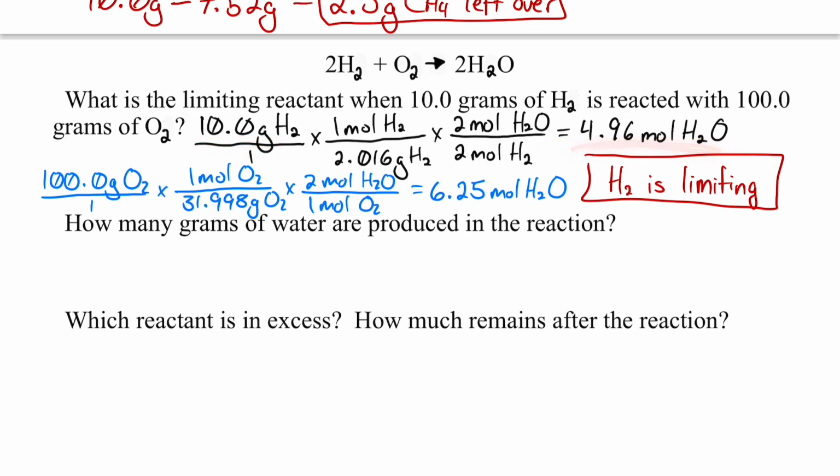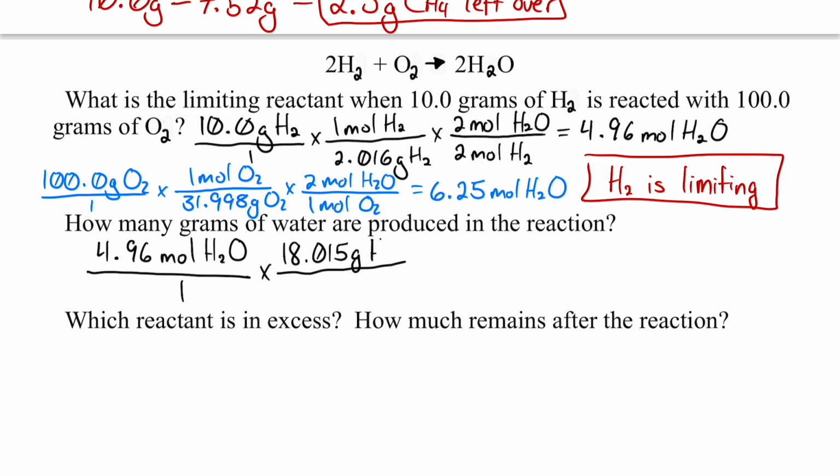So we can just take this moles of water from the first part and bring it down here and convert it to grams. And we get 89.4 grams of water produced in the reaction.